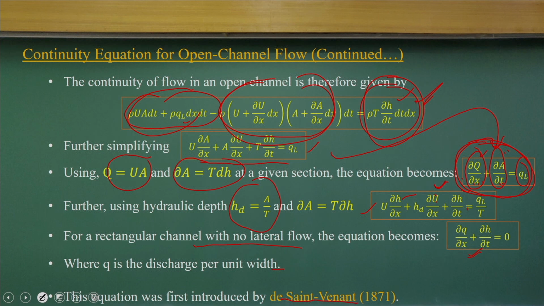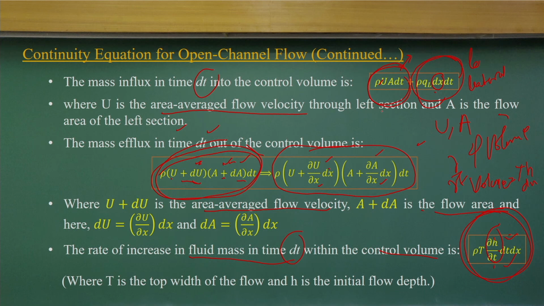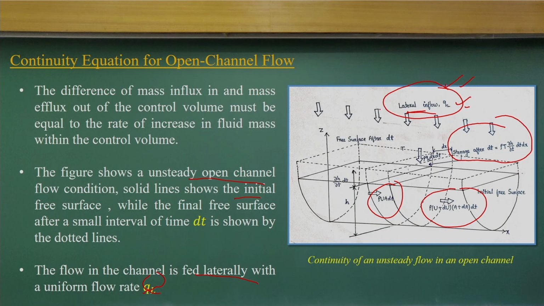In terms of hydraulic depth and velocity the equations are like this, and in terms of Q and the area your equations will be like this. But all these are derived from the basic mass conservation equation, for which I again showed you the basic control volume. To understand it, always try to sketch the control volume.